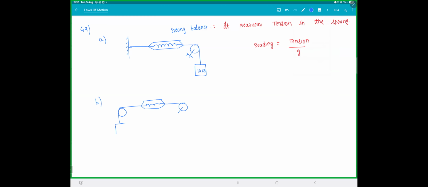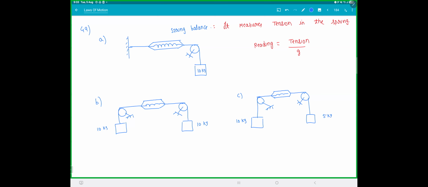So we have 3 cases here. Ten kg and 10 kg. Find the reading of the spring balances in all the 3 cases. We have 3 cases.